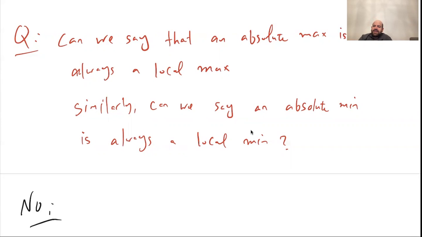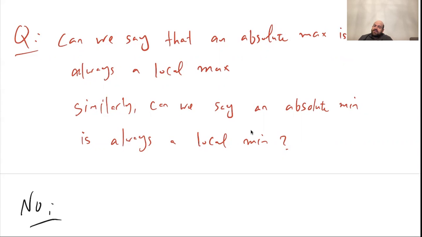If the point is an end point of the domain, because for local max, we need the function to be defined around that point. Around means left and right side of the point, both of them. And then the output has to be locally largest in that interval.